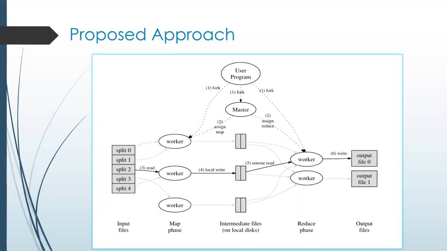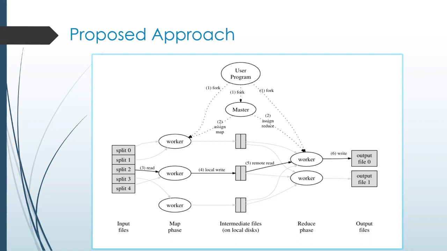So, how do we solve the problem of large-scale machine failures? MapReduce is resilient enough to tolerate large-scale failures. For example, during network maintenance, the master re-executes work done by unreachable worker machines, or failed machines, on other workers to complete it on time. So this ensures the completion of the MapReduce operation.